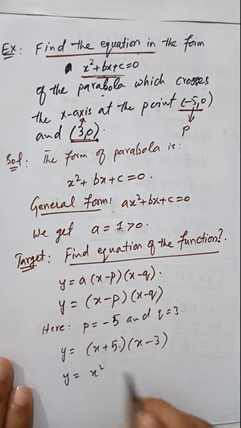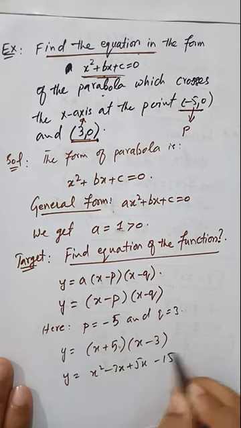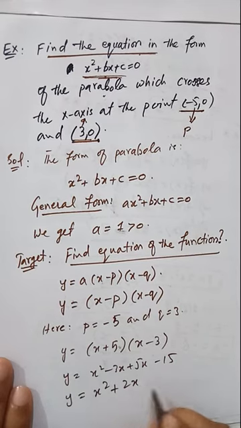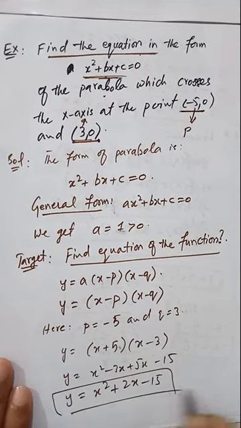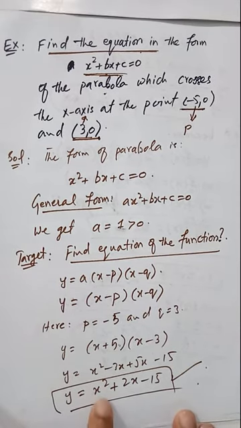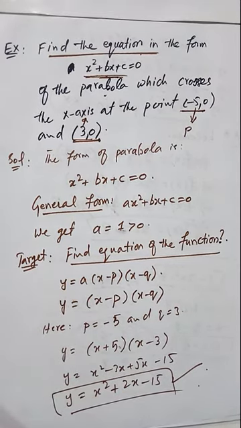So just multiply these two linear factors. So this becomes x square minus 3x plus 5x minus 15. So y is equal to x square plus 2x minus 15. So you see that this is the equation of the parabola of the form x square plus bx plus c. You see that the coefficient of the x square is 1.